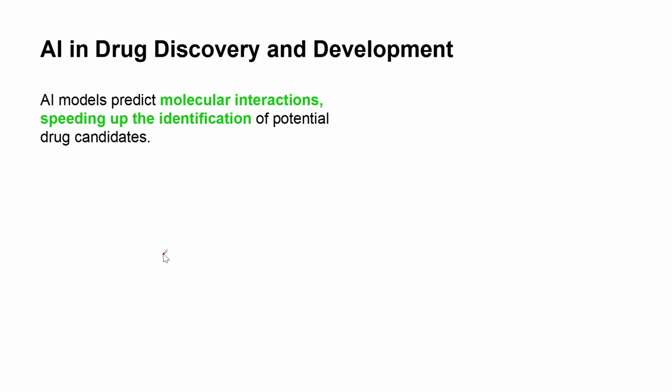So that is what you need to understand. You can test millions of compounds within a short period of time with AI models, which can help in identifying a potential drug candidate.